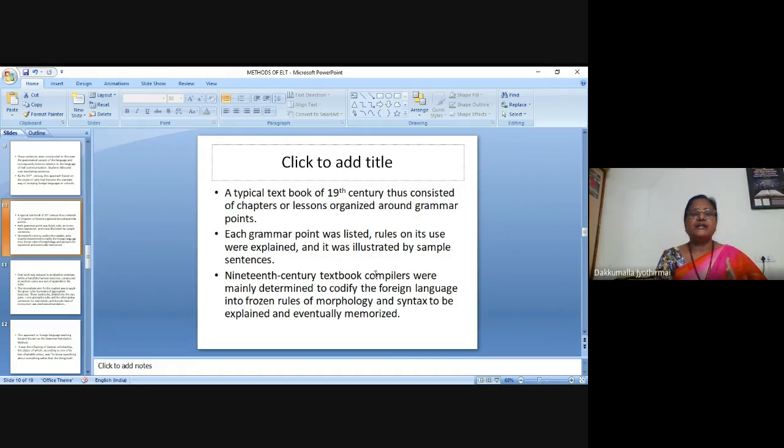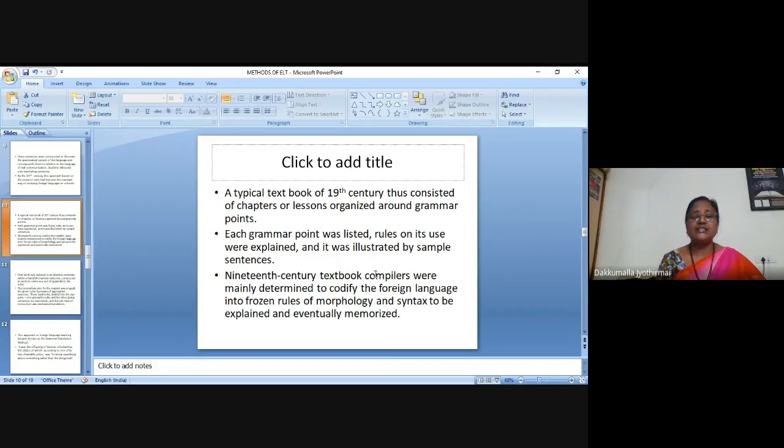Okay, and the textbooks that were developed during the 19th century were also based upon this grammar and translation method. A typical textbook of the 19th century consisted of chapters or lessons organized around grammar points, and each grammar point was listed, rules on its use were explained, and it was illustrated by sample sentences.